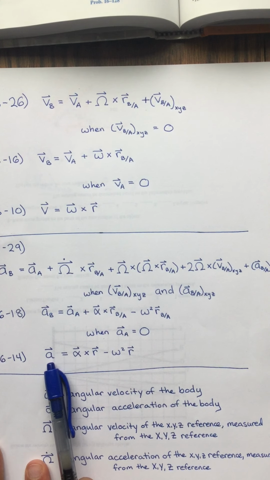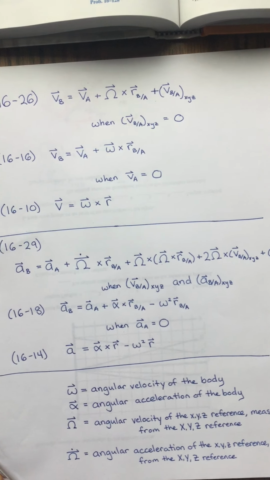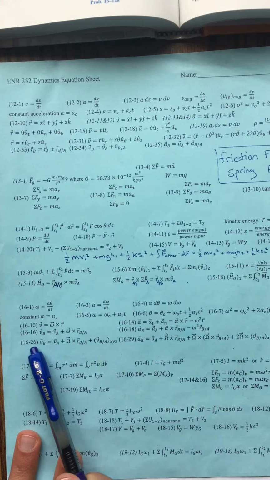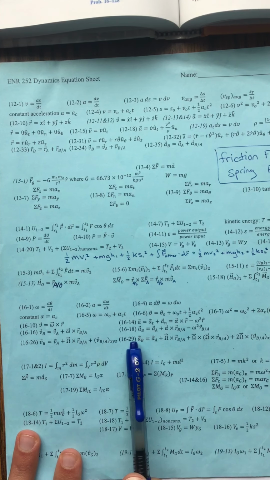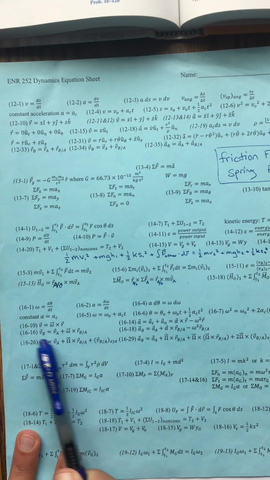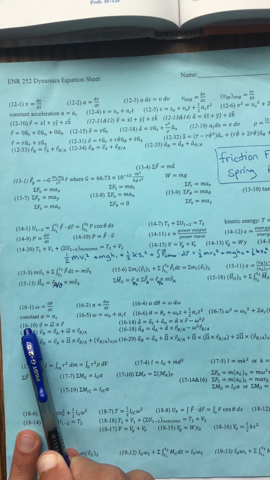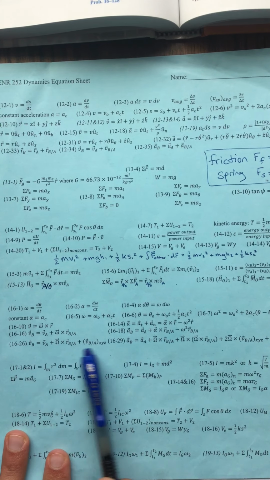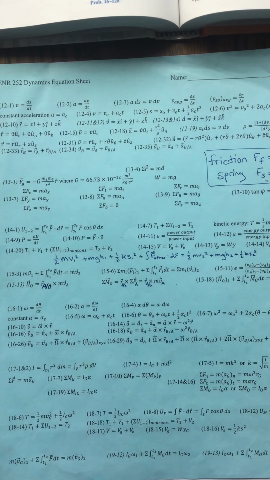Then that gives us equation 1614. Okay, so really, if you wanted to stick always with equations 1626 and 1629, you could use them in cases where we have been using 1610 and 1616 and 1614 and 1618, but a lot of the terms in those equations would become 0.